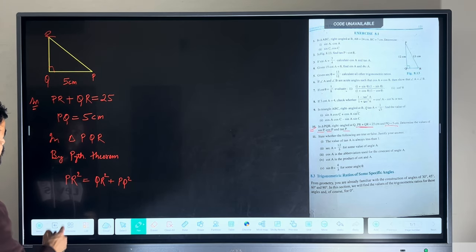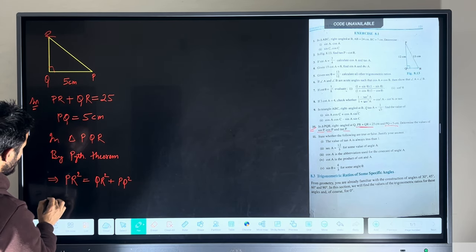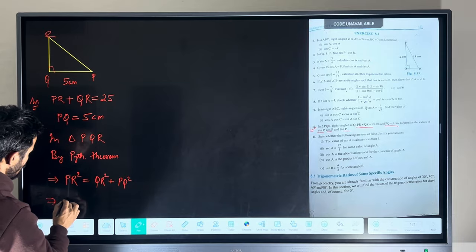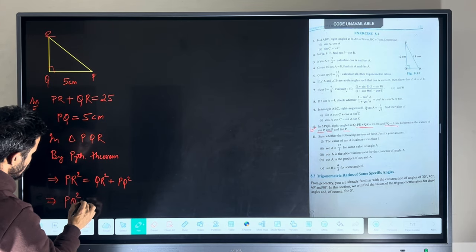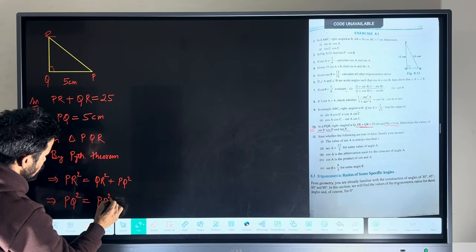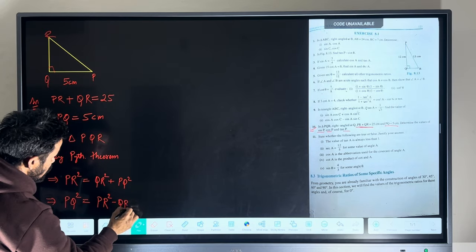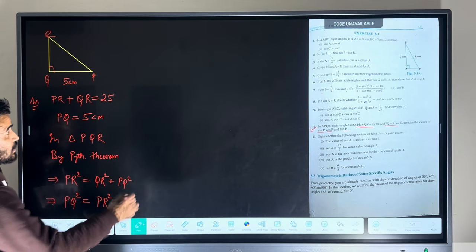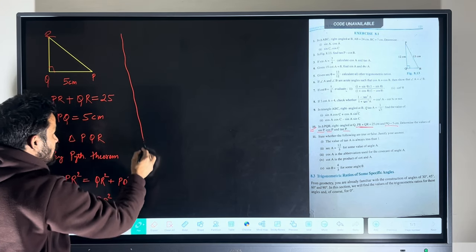Now we have the value of PQ, so we can say PQ square is equal to PR square minus QR square.